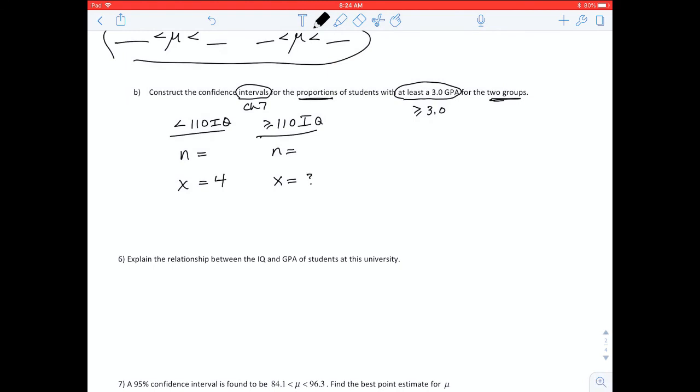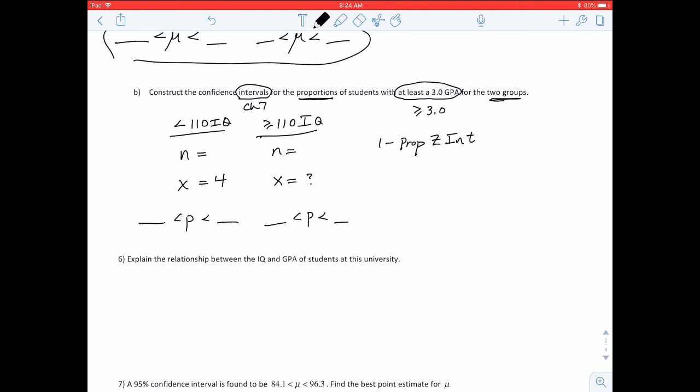And then you would go and count for the other group how many. And then you would use the 1 proportion z-interval for each group, and you would find out what's the confidence interval for their percentage and what's the confidence interval for their percentage. And that one would be done because they didn't ask for a further explanation.